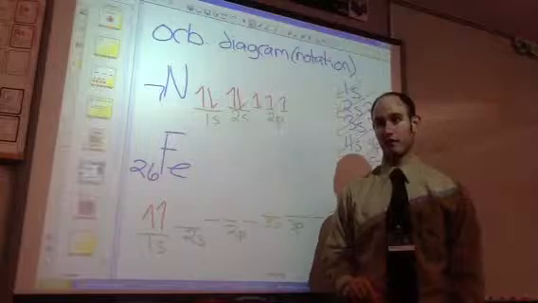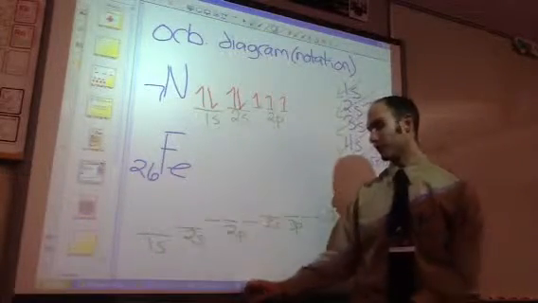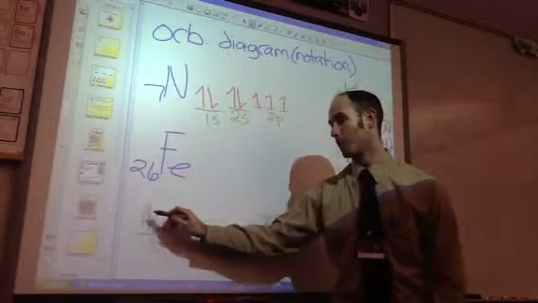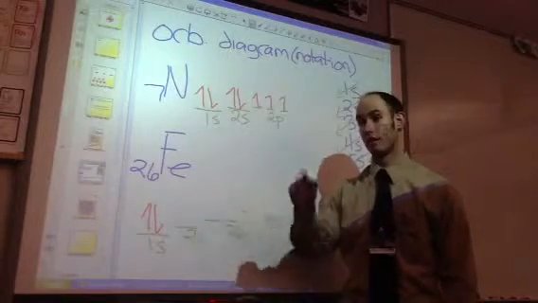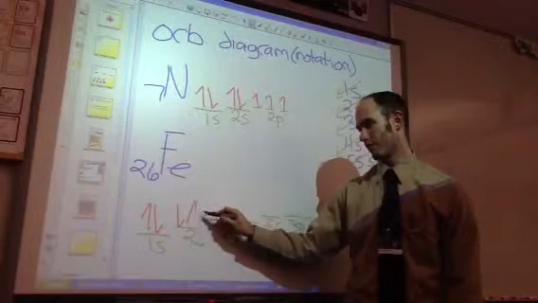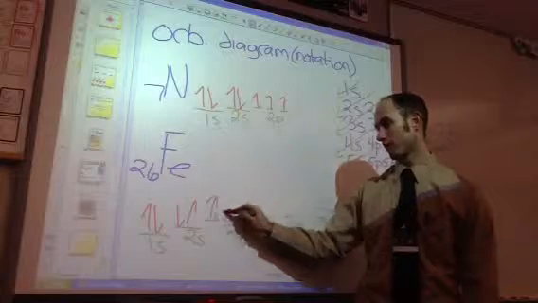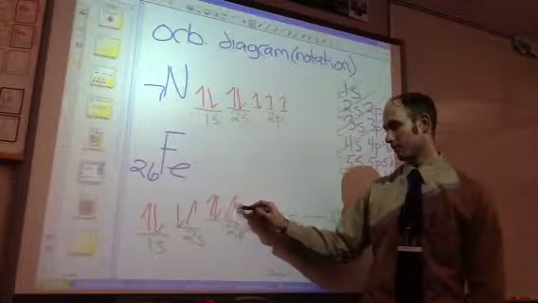I cannot put 2 in the same direction. So 1 up, 1 down. It doesn't matter if you start down then up, just as long as they're opposite. I go up and then come down.